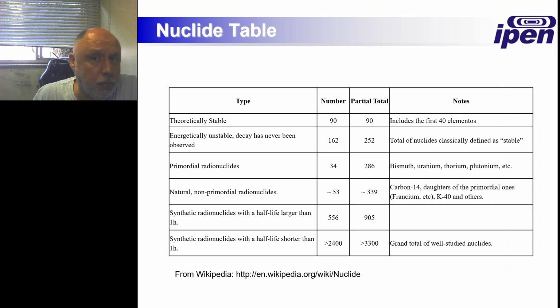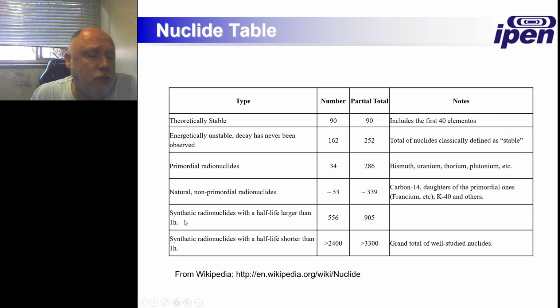You see it starts to pile up quickly. Then we have the other natural radionuclides, which can be produced by the decay of these, or by reactions in the atmosphere and so on. It's 53 more. We come to 340, which is essentially the number of nuclides we find in nature.